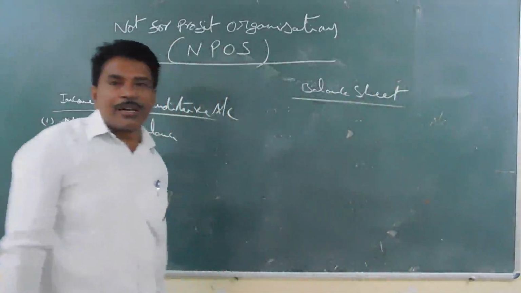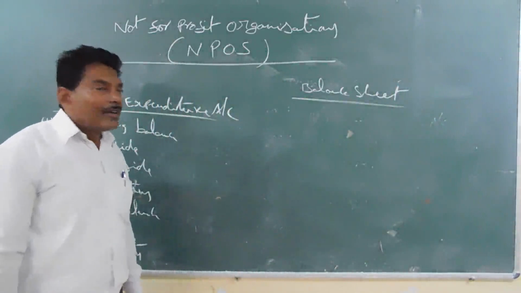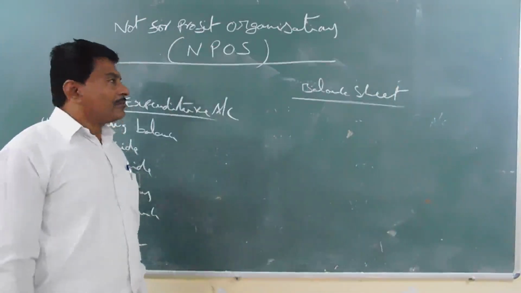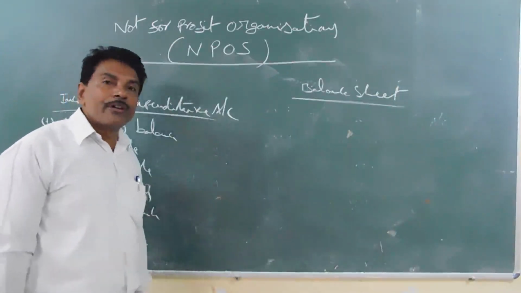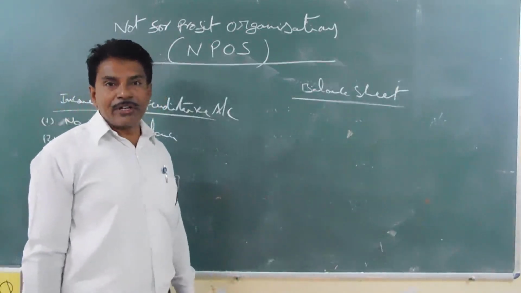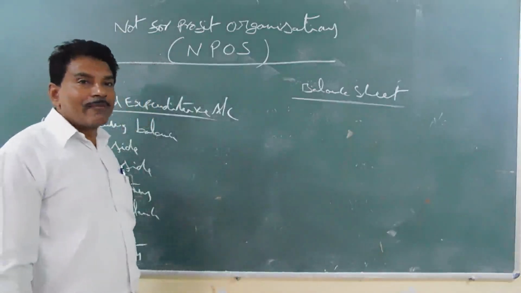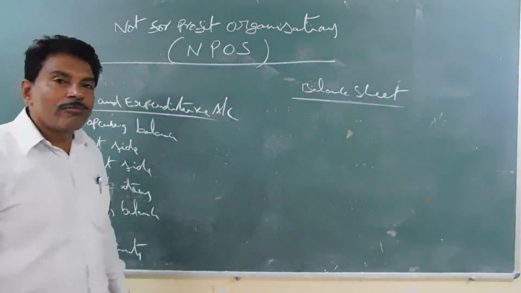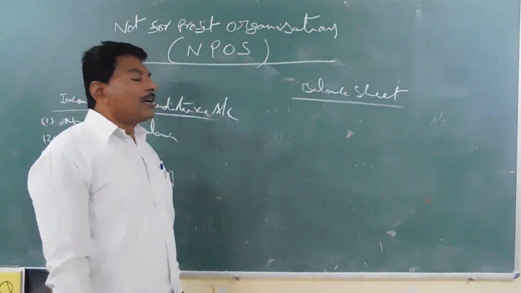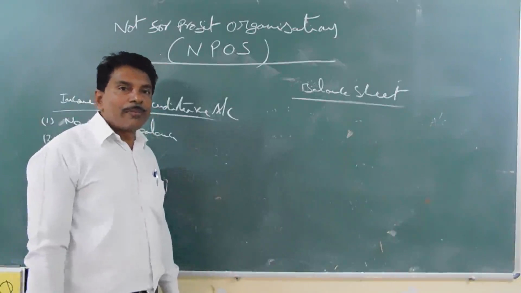So like profitable organizations, NPOs also prepare balance sheet at the end of the year. But sometimes it needs to prepare opening balance sheet also. That is, balance sheet in the beginning of the year is also required. Because if the capital fund, also known as general fund, is not given, then to find out the capital fund, a need arises to prepare opening balance sheet.